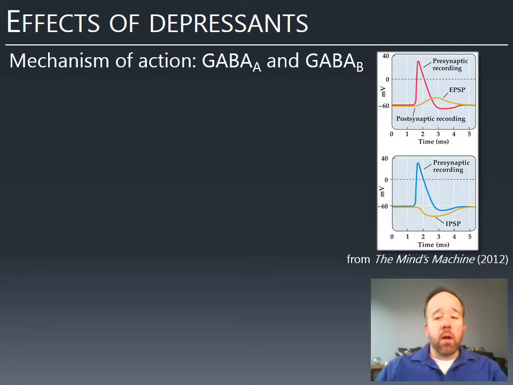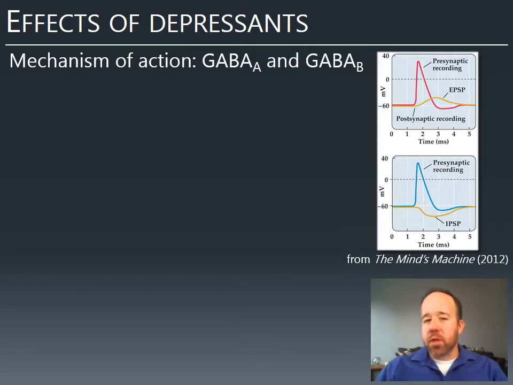If we're recording from the presynaptic neuron, we see an action potential come down to the end of the axon terminal. And then in the postsynaptic neuron, we see a depolarization. That is a change in the membrane potential that gets closer to the threshold under which the neuron would fire. So glutamate increases the likelihood. You get enough glutamate transmission, and that postsynaptic neuron will fire.